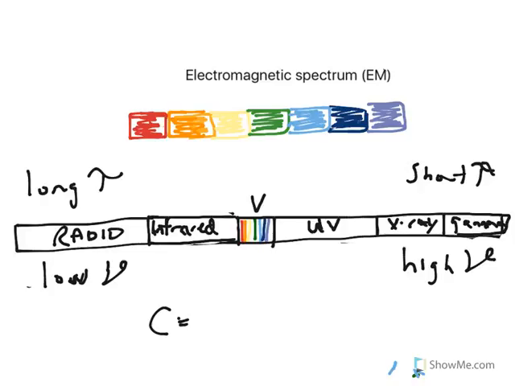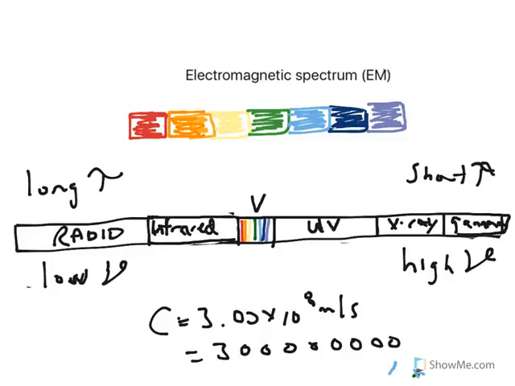Or the same thing on the short side: if you were out in space and a bunch of gamma rays hit you, and you counted the number that hit you in a second and multiplied it by the length of the wave, you would still get the same value of c, which is 3.00 times 10 to the 8th meters per second, which is 3 with 8 zeros, meters per second, which is a very fast speed.